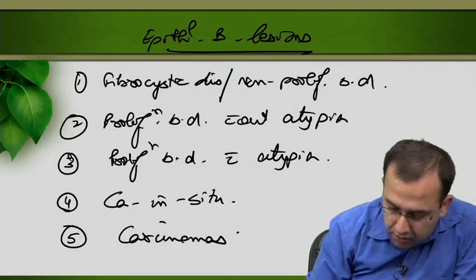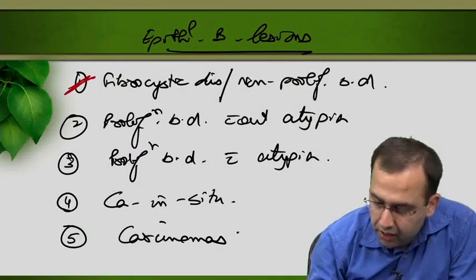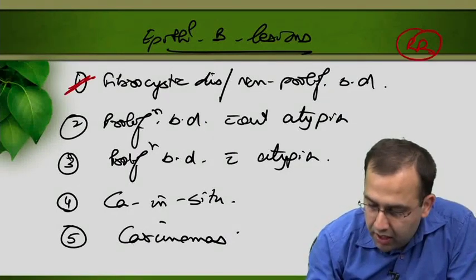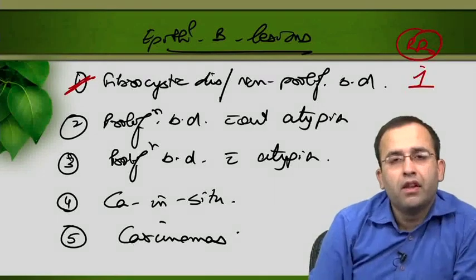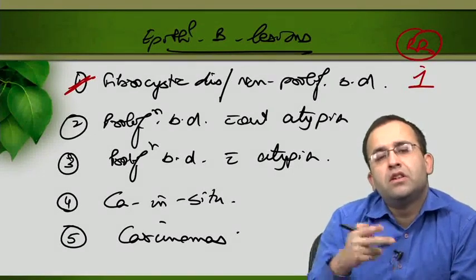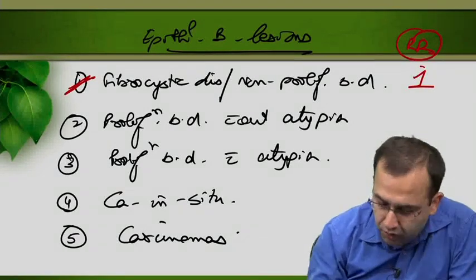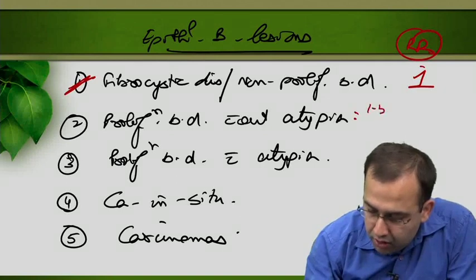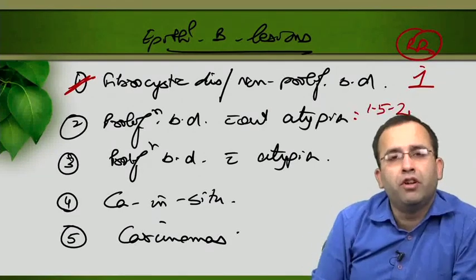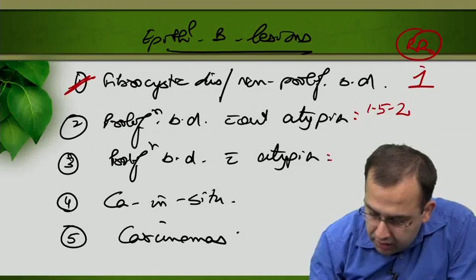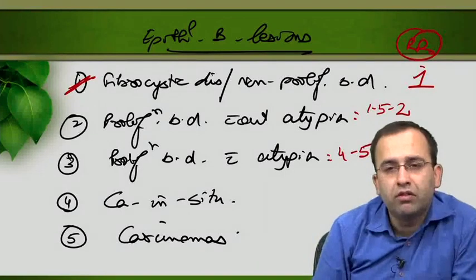Now coming to the relative risk in each category. Category 1, it does not increase the risk of breast cancer, so relative risk 1. Category 2, relative risk 1.5 to 2. Category 3, 4 to 5.